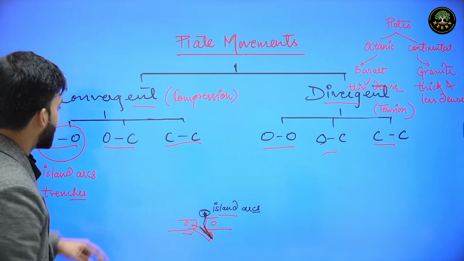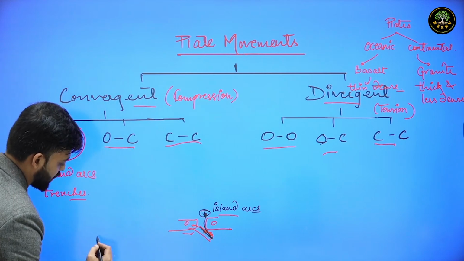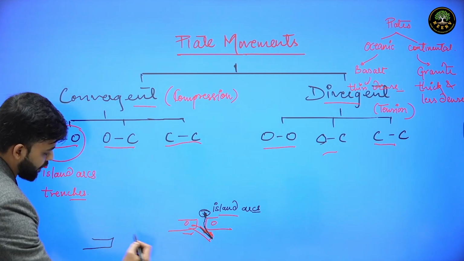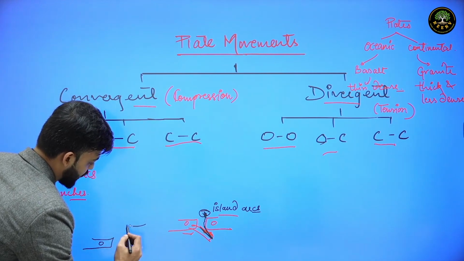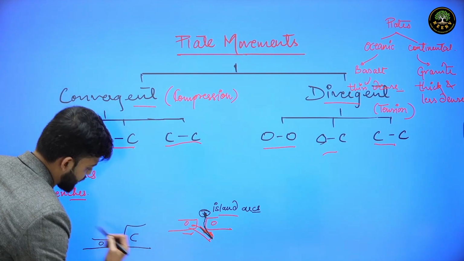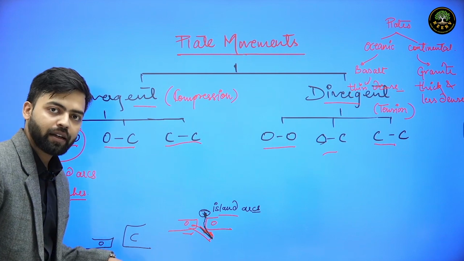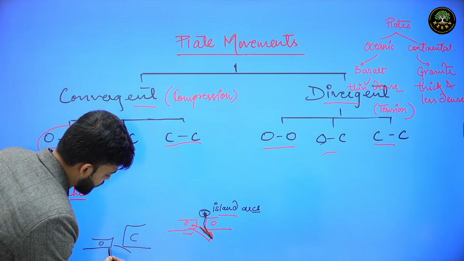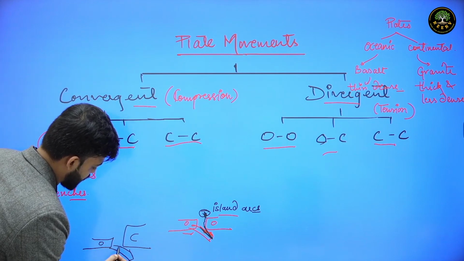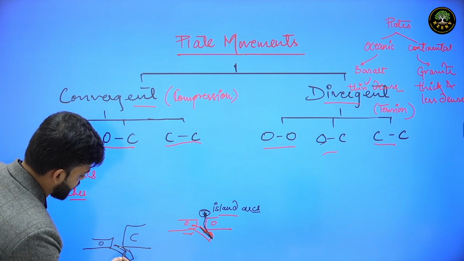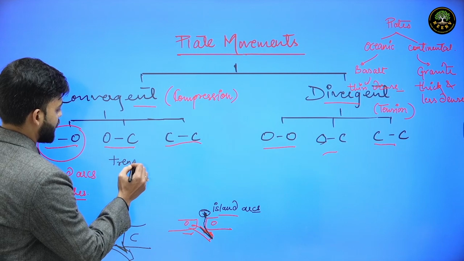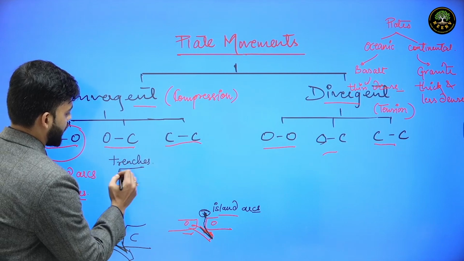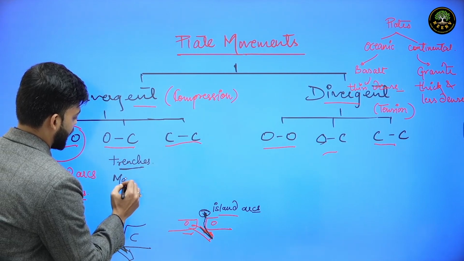Now when there will be oceanic-continental convergence, the oceanic plate will be denser, whereas the continental plate will be less dense. So the denser material will go down, and because of this, a trench will be formed. One famous example is the Mariana Trench.